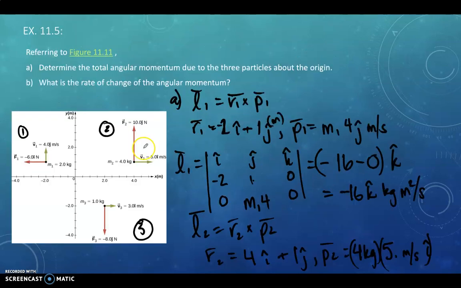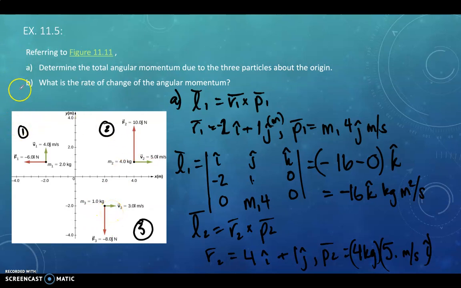All right, so the last part of this is: what is the rate of change of the angular momentum? The rate of change of angular momentum is going to be the torque. So we want to find the individual torques in each of these situations.